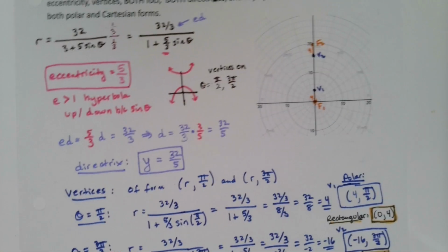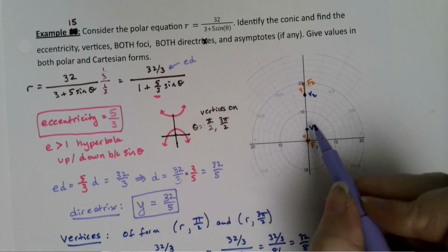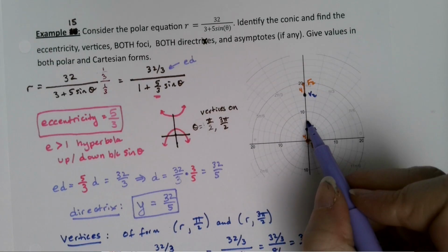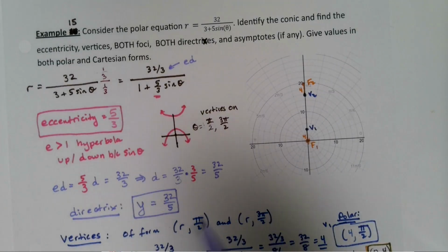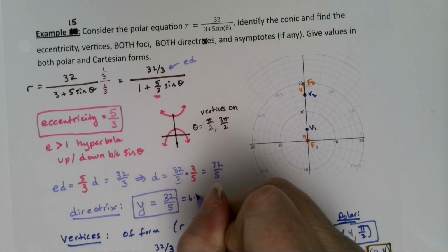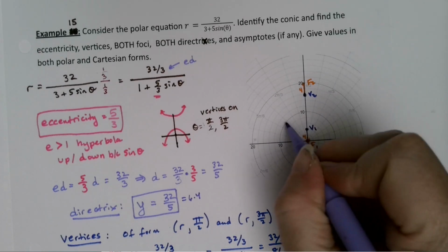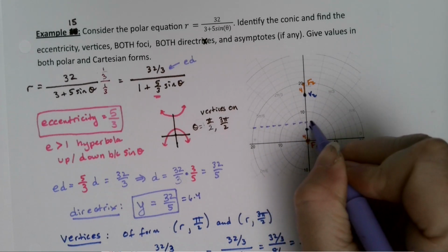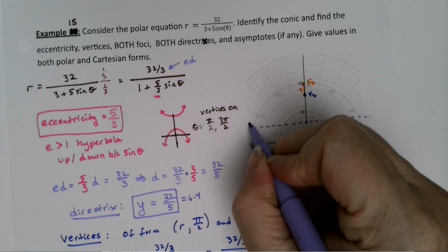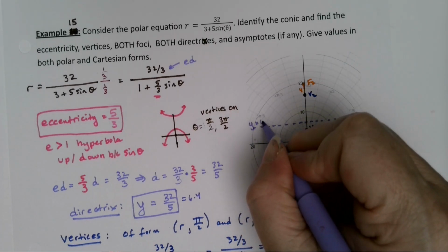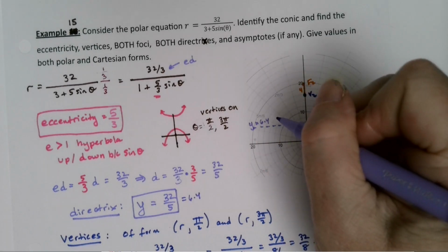Now what about the directrices? We know that one of them is at y equals 32 over 5, which is about 6.4. So if I go 2, 4, 6, 6.4, I have one directrix right here. That's y equals 6.4, or 32 over 5.